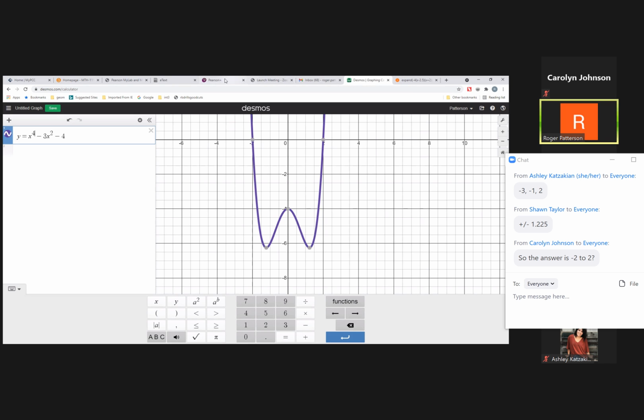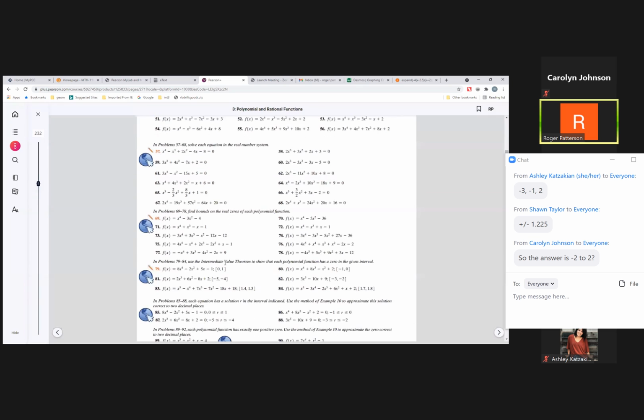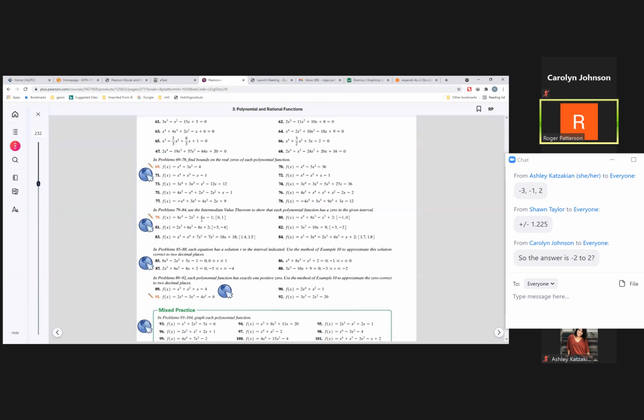Let's see what else we got. What else did I have you do? 7981. Here you're going to use the intermediate value theorem to show that each polynomial has a 0 between here. You can just graph it and show that it has one between there or not.